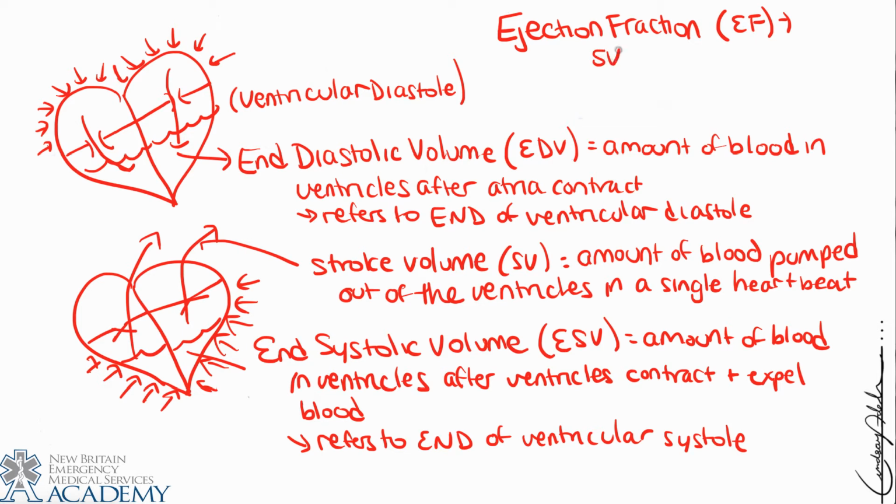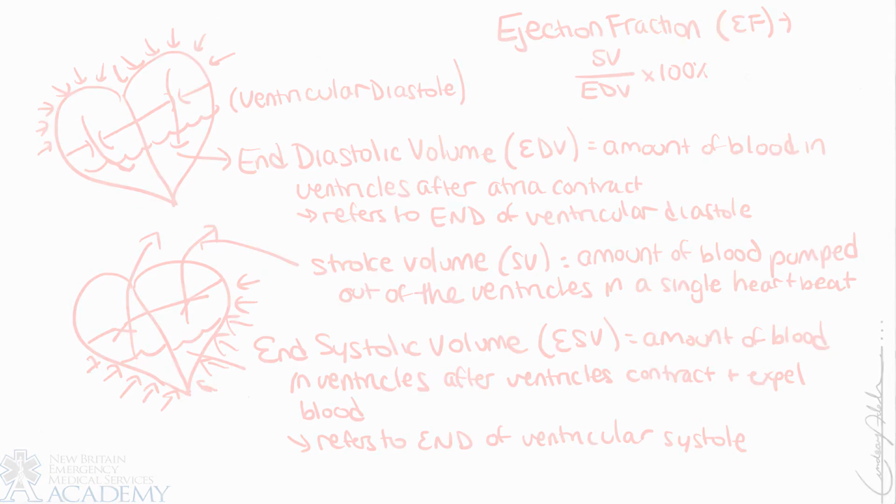It's not 100% efficient, but a good ejection fraction would be probably around 60%. And when patients have cardiac damage from various disease processes, but for example myocardial infarction, if the heart cells die and the pump function is impaired, then the ejection fraction is going to be reduced.